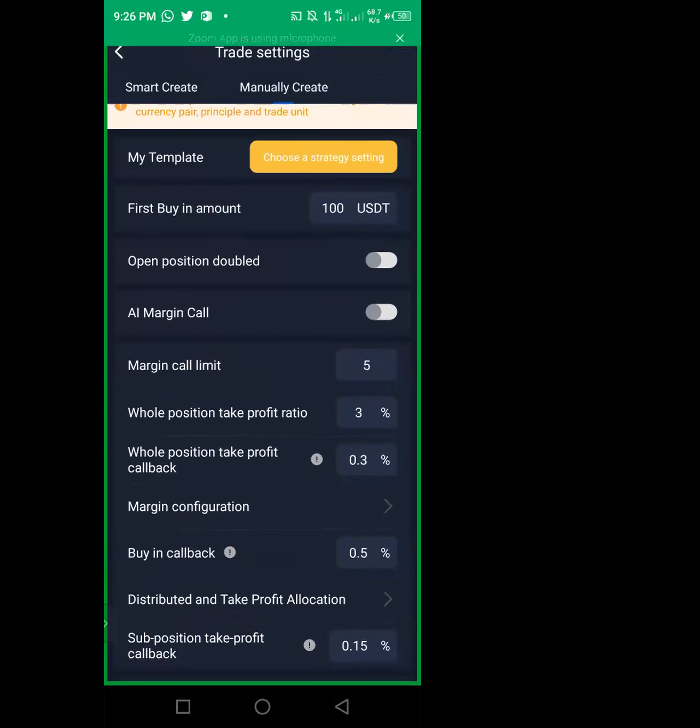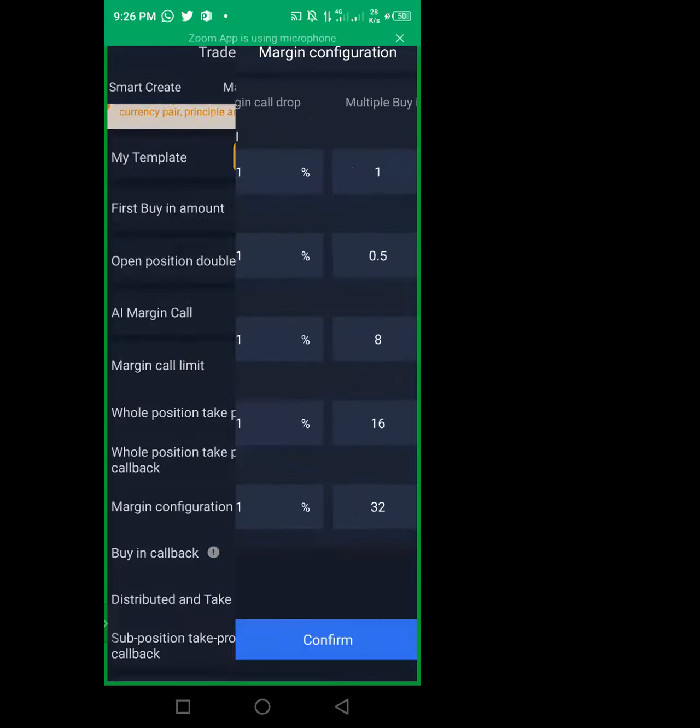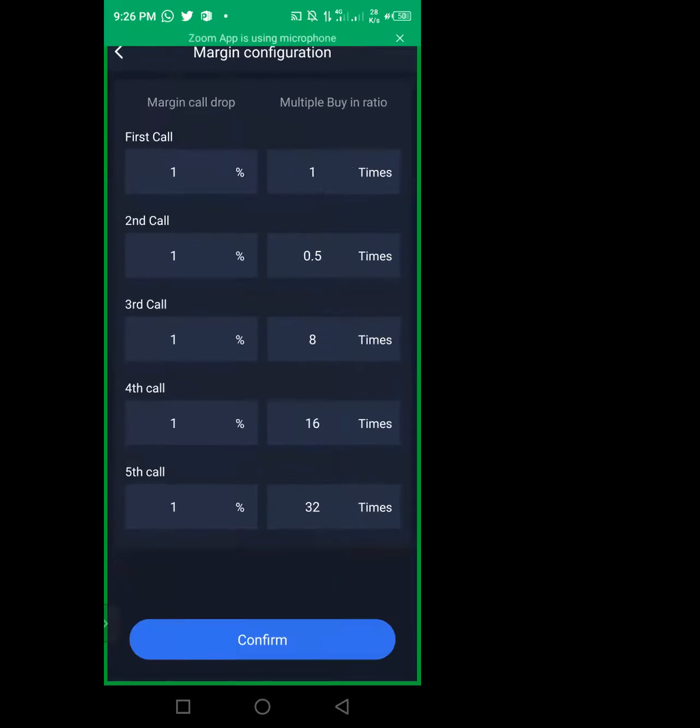You understand? So if you make a mistake, say your first buy amount is on, and you want to budget 200 for this coin. One of the mistakes we made when we started in 2021, people will say, I have 500, but I want to dedicate 200 for this coin. They will use 100 as their first buy and forget to come to margin configuration to set.